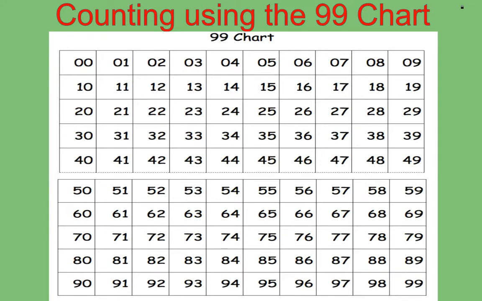As we begin, let's look at our 99 chart. In this 99 chart, we have groups of tens and ones, and they're written as two-digit numbers.